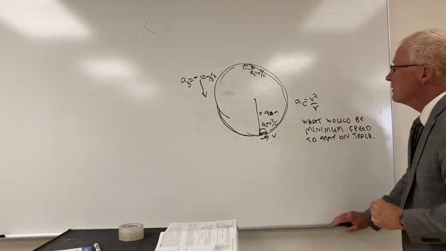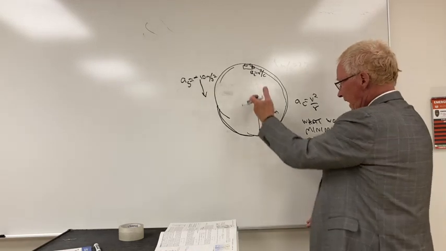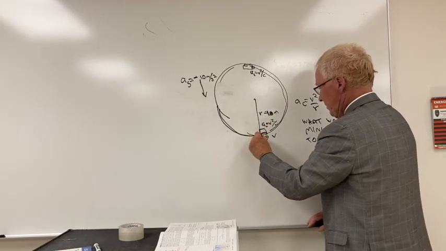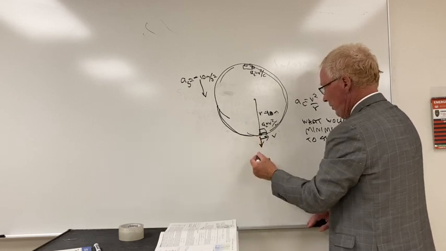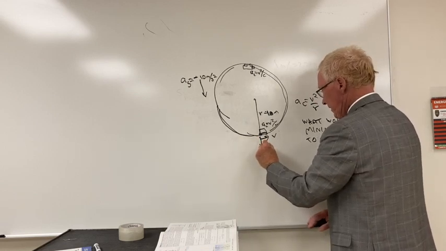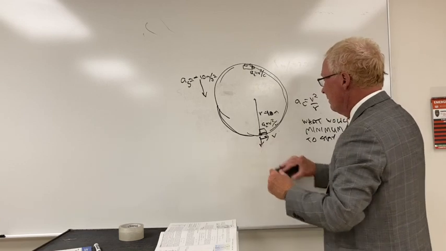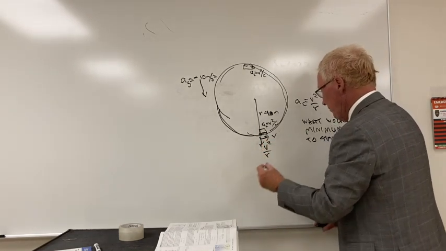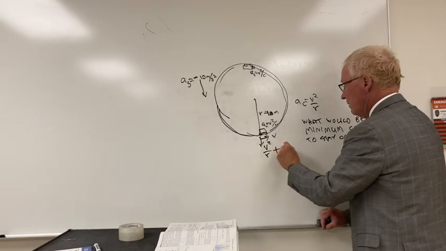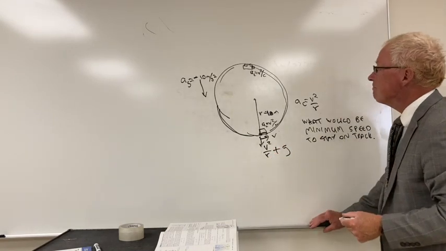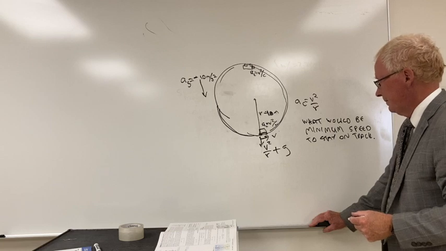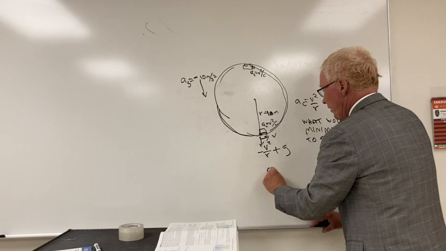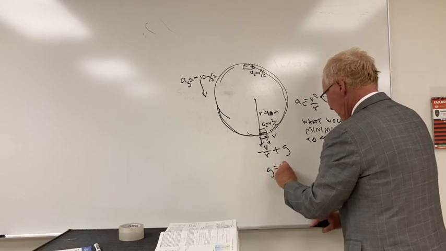So let's look at this. What's going to happen is at the bottom, the easiest way to think of it is centrifugal force is trying to pull you out. So that's v squared over r, plus you're going to have gravity pulling on it. So these are both going to be positive, and we're going to use g as approximately 10 meters per second squared.